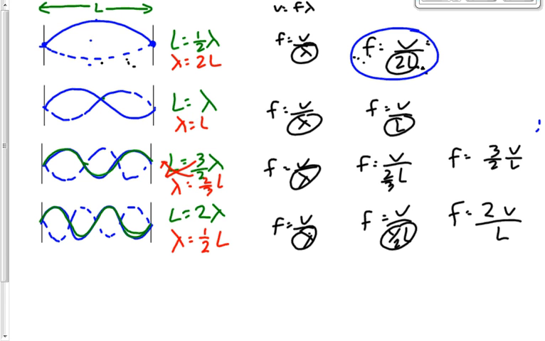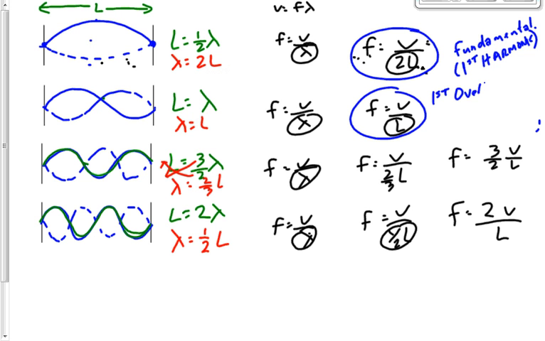The first frequency that we see here is what we call the fundamental frequency. We might call it the first harmonic. It is a value of V over 2L. The second one, we're going to call the first overtone, or the second harmonic.